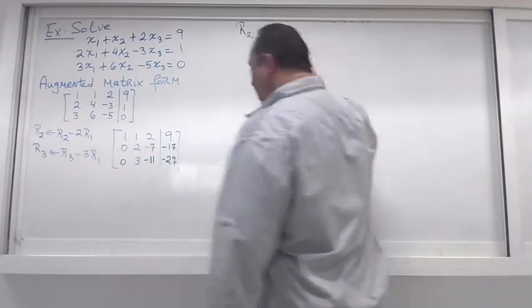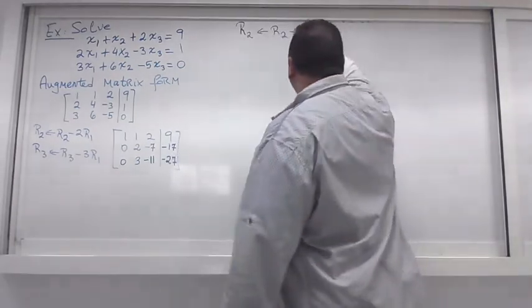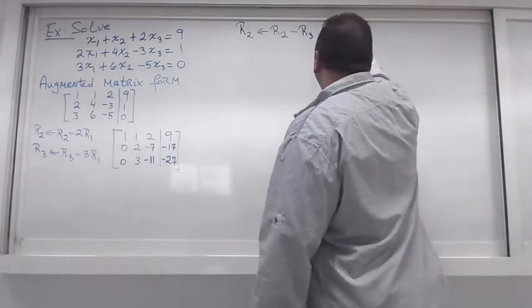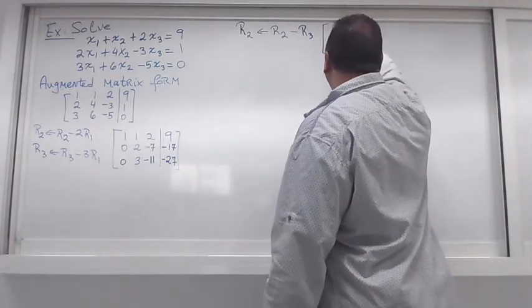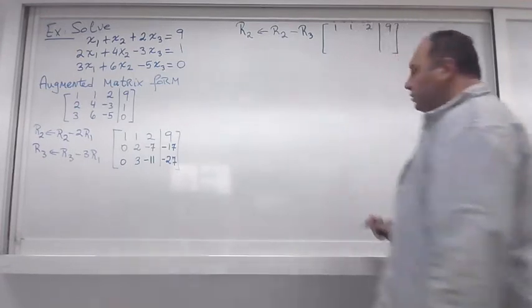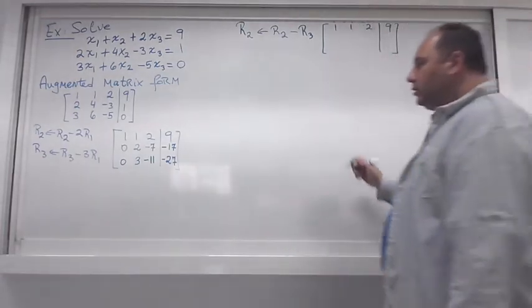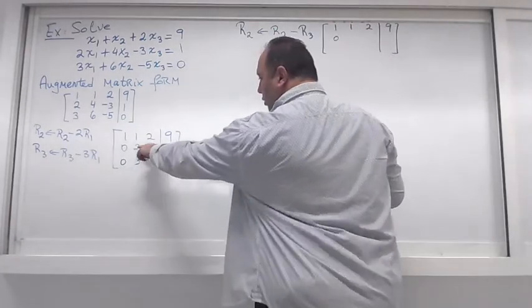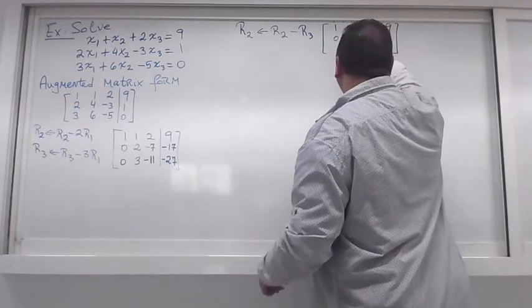So now I'm having to do some extra work just because I don't like fractions. Which is okay, there's nothing wrong with it. Working extra for the same pay is not a big deal. So now I have 0 here, so row 2 minus row 3. 2 minus 3 is negative 1.